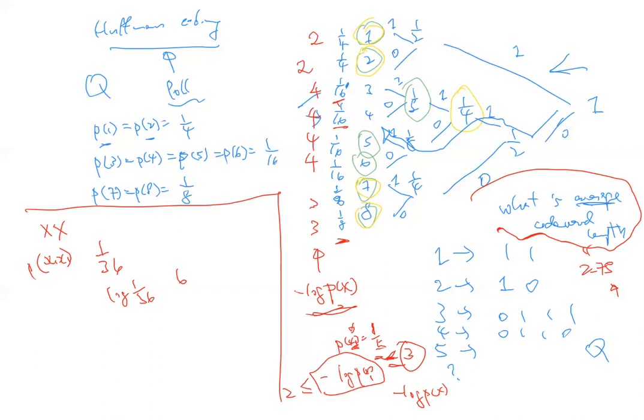But if I group the symbols together, I have px1 equal to 1/25, and log of that will be bounded between 4 and 5. And then I only need 5 bits to store that. So on average, now I get a little bit more efficient.